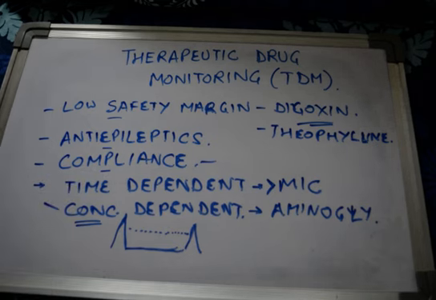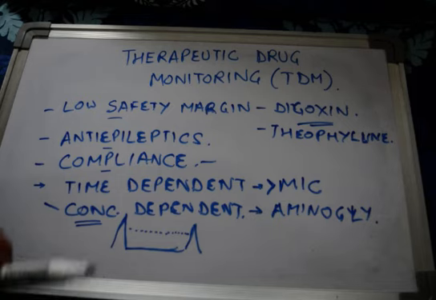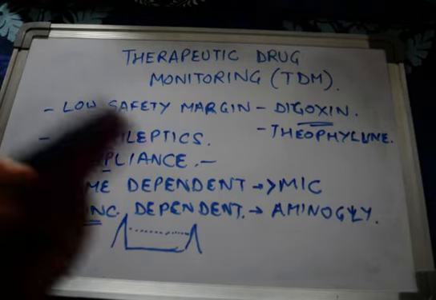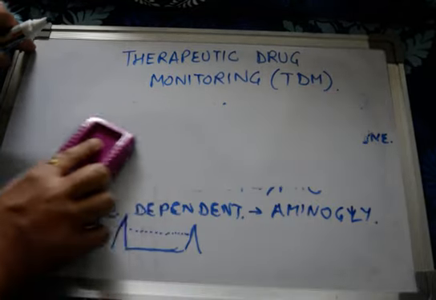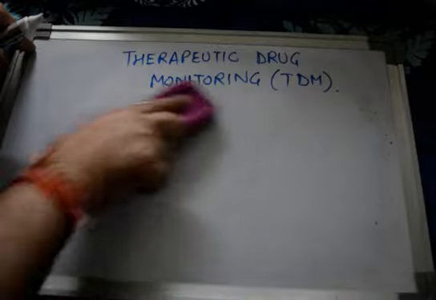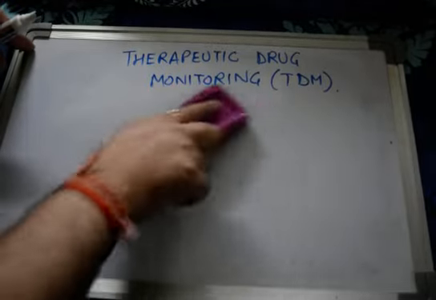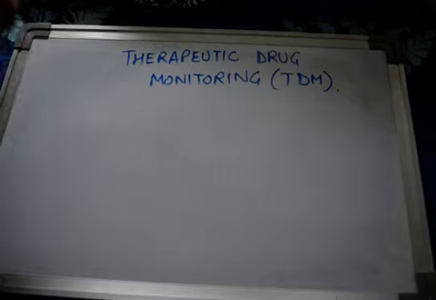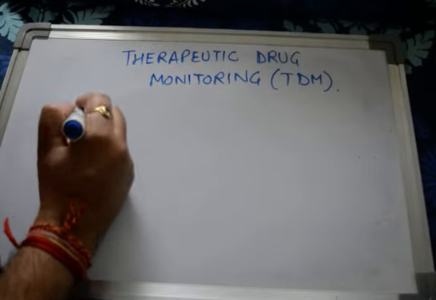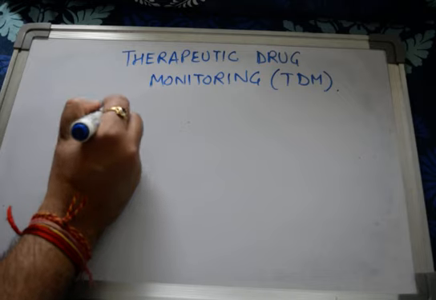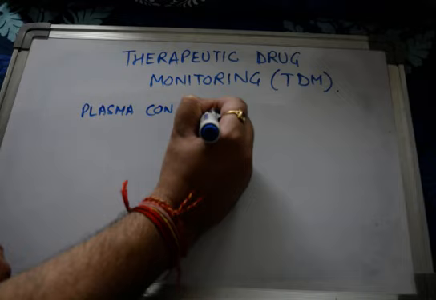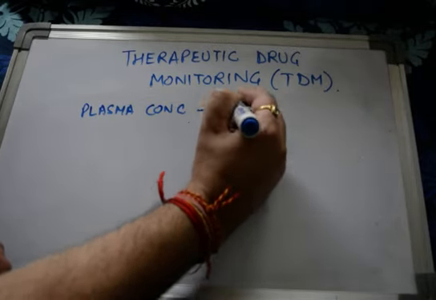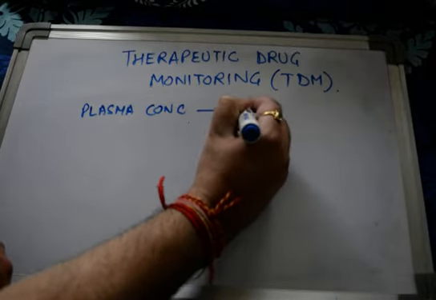So for these drugs again, we can use therapeutic drug monitoring just to see where they fall, whether they are hitting the MIC or not. So there are many uses for this therapeutic drug monitoring. Now what we actually do is, we equate the plasma concentration, or you can say it is related or linked, to the therapeutic effect.